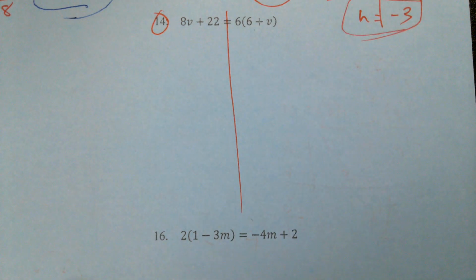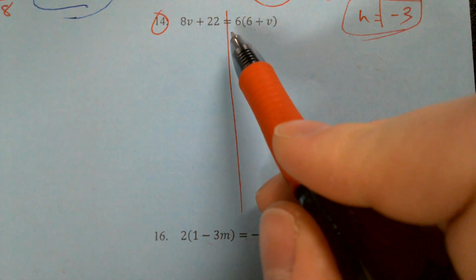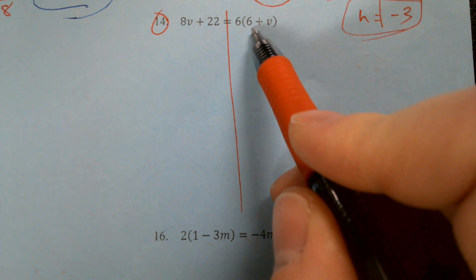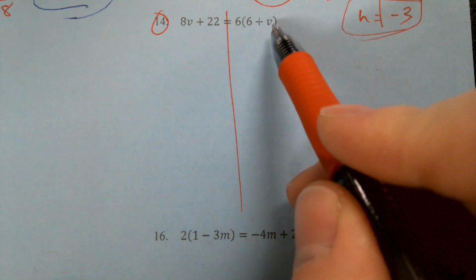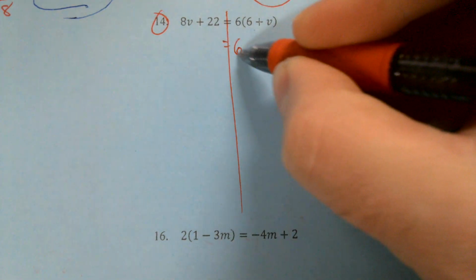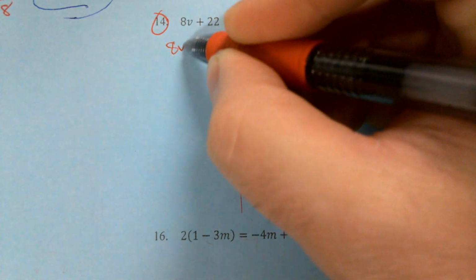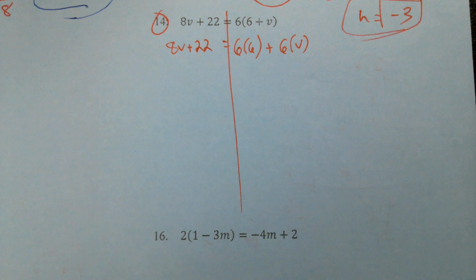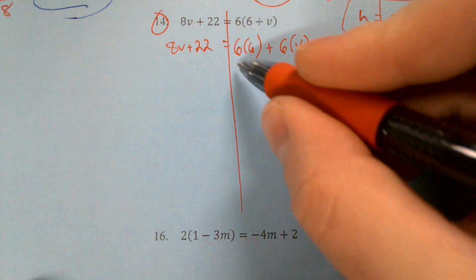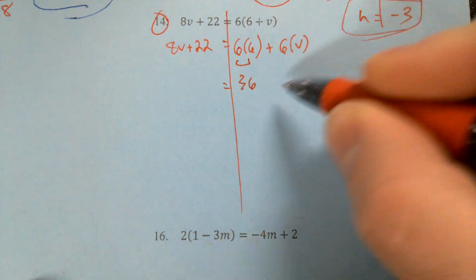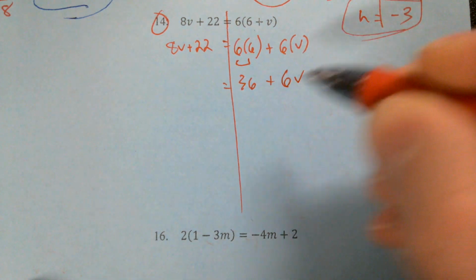14, again, I'm distributing on the right-hand side here. 6 times 6 and 6 times v. Just like that. 6 times 6 gives me 36. 6v is obviously just 6v.